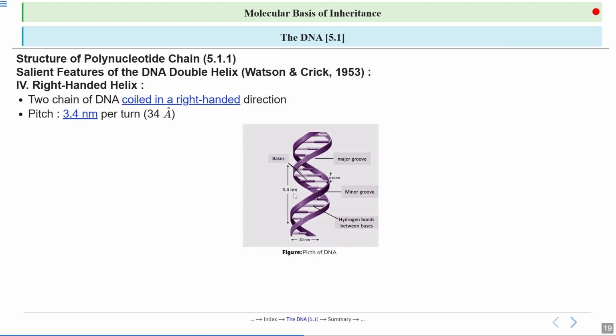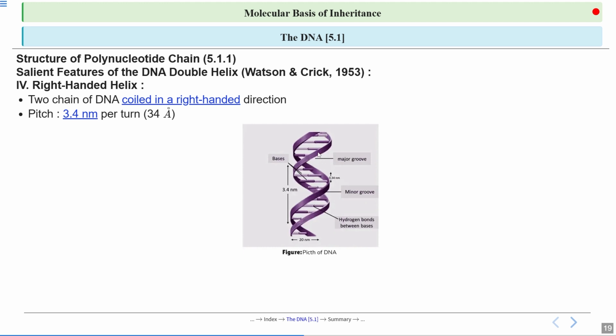In the previous slide I told you that the width will remain uniform because the purine is going to bind complementarily with pyrimidine. So you can see that purine will always complement pyrimidine, and there will be a uniform width in this double helix structure. The pitch is 3.4 nanometer, the distance along the helix axis for one complete turn.